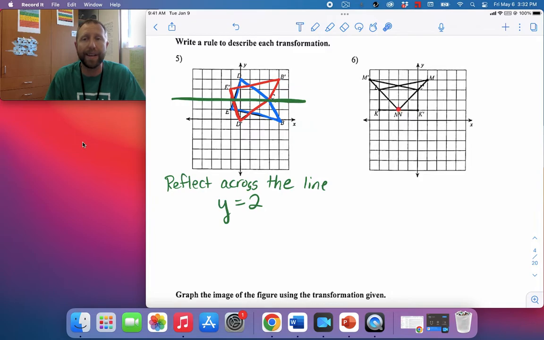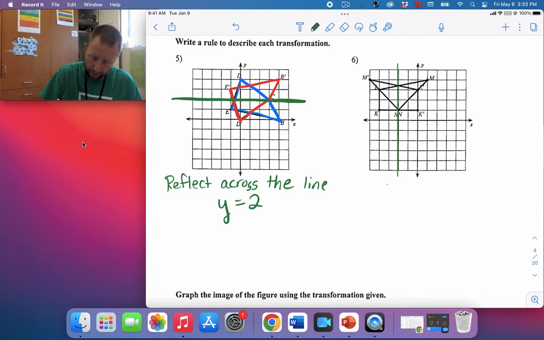It's the same point, which is kind of telling us where our line of reflection is going to go through. And then L and L prime are across from each other horizontally. So my line of reflection, I'll draw it in green again, should have been drawn right here. And for a vertical line, it's x equals a number, and I can see that that is at -2.